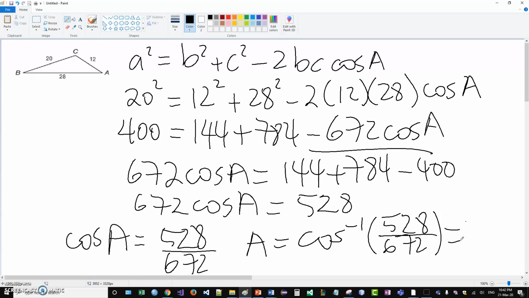That will give us 38 degrees. Now pause the video to make sure you understand what we're doing here. I'm going to write 38 next to angle A, and erase everything else.